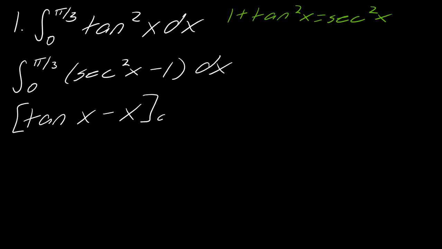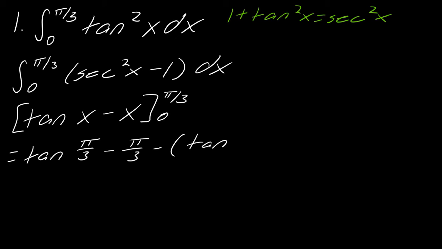Now I need to evaluate this from 0 to pi over 3. So I'm going to take tangent of pi over 3 minus pi over 3, and then subtract off the tangent of 0 minus 0, and this is just going to come out to be the square root of 3 minus pi over 3, and we're done.